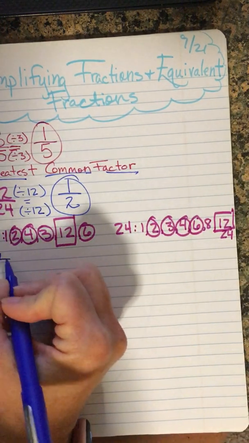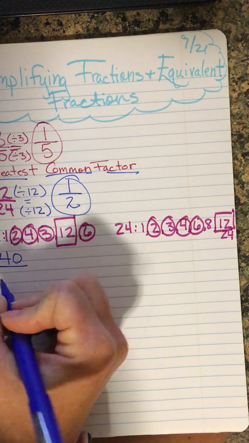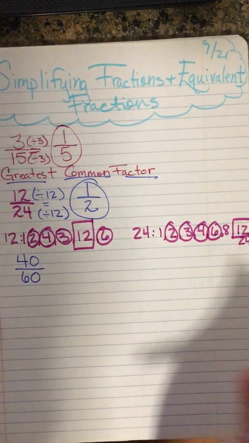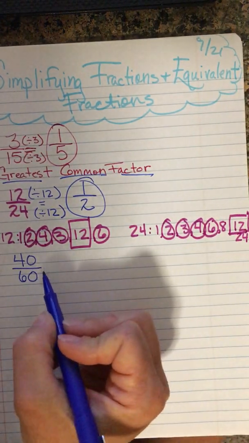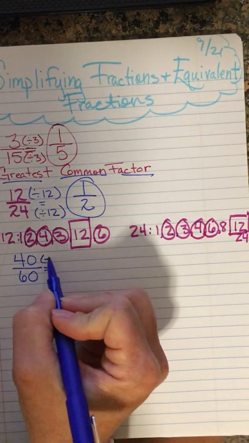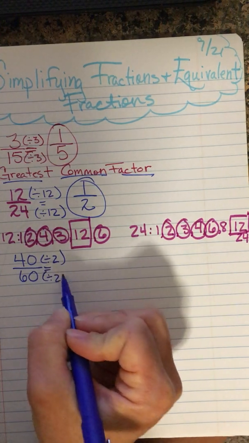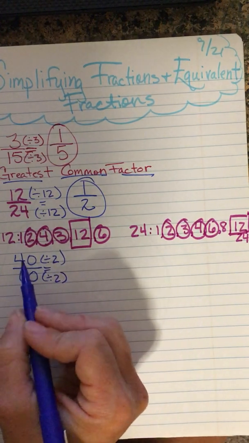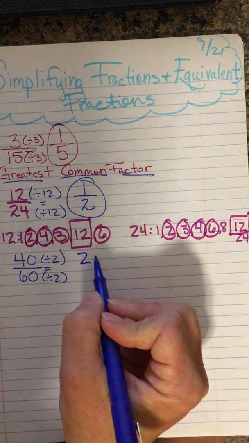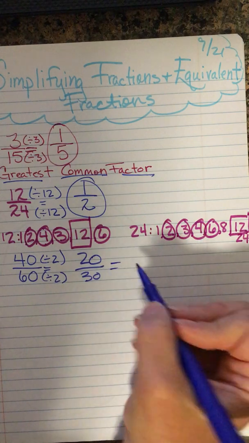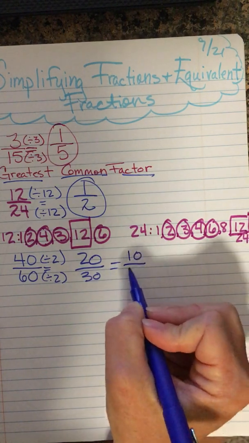I always tell kids, if you have an even on the top and bottom and you don't know what to do, always divide by 2. You don't want to spend too long looking for those factors. If you're not really sure and they're both even, cut them in half. And then when you see this, I can cut it in half again.